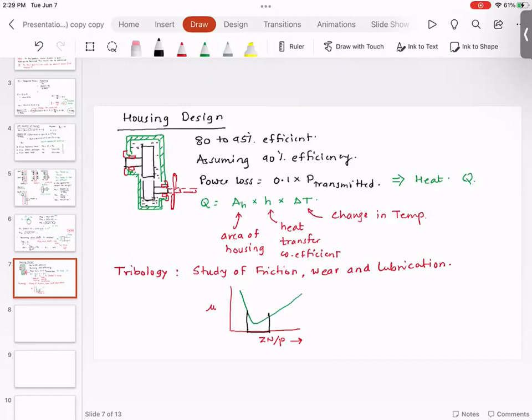You don't want the coefficient of friction to be quite high, because that would increase the losses. You don't want it to be super high here either, that will also increase the losses. So depending upon the speed at which the shaft is rotating and the contact pressure that we have, we choose the appropriate value of Z, and that is how the oil is selected.